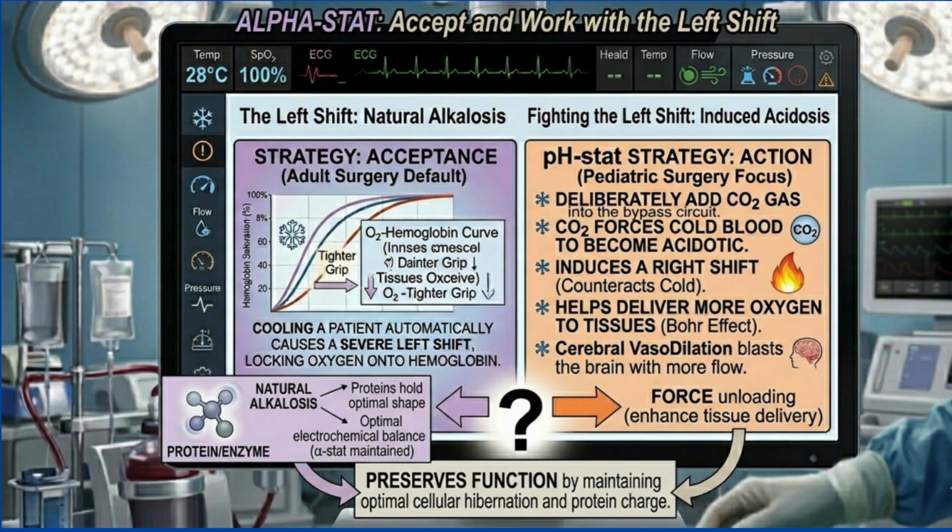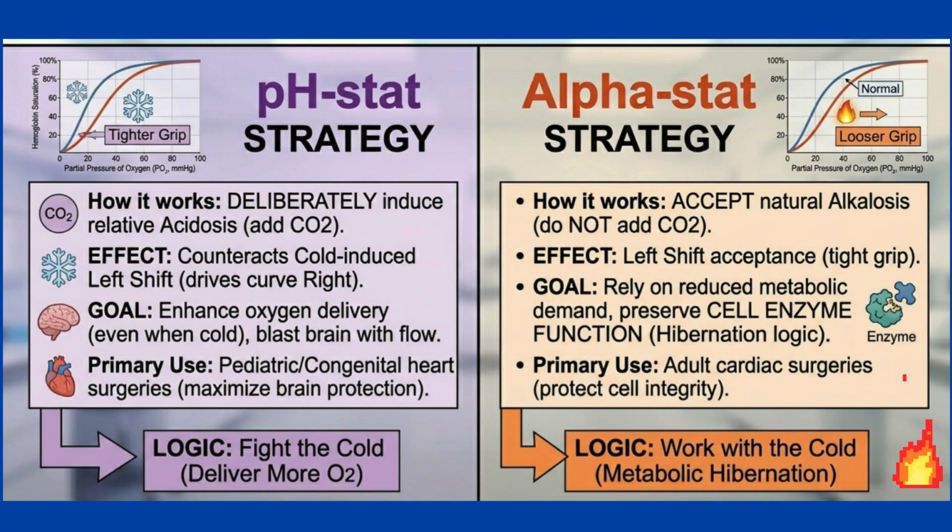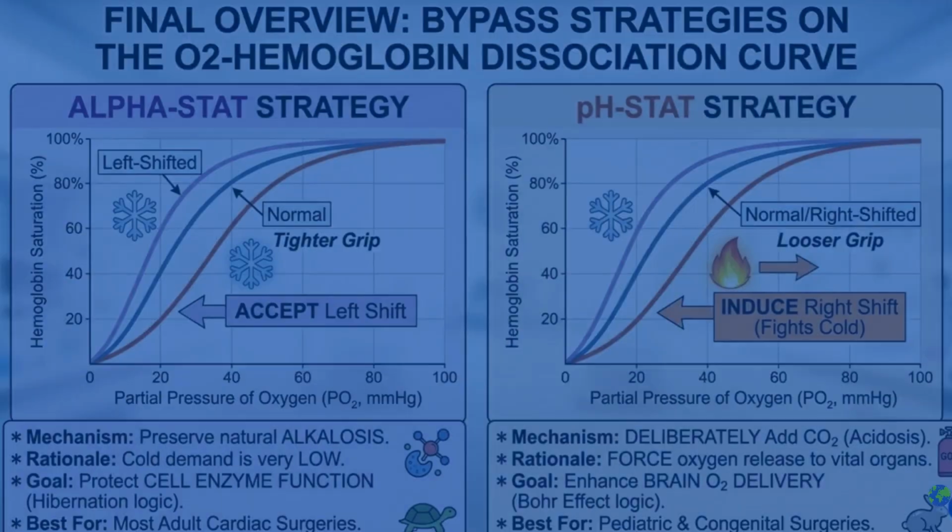Oxygen loading in the lungs improves, but there is a trade-off. When blood reaches the tissue, hemoglobin becomes less willing to release oxygen. Despite excellent oxygen saturation, tissue oxygen unloading may be reduced. This is the classic left shift associated with hypothermia.